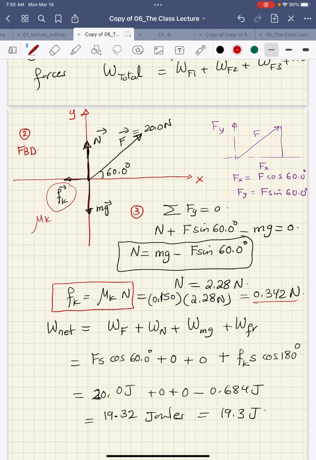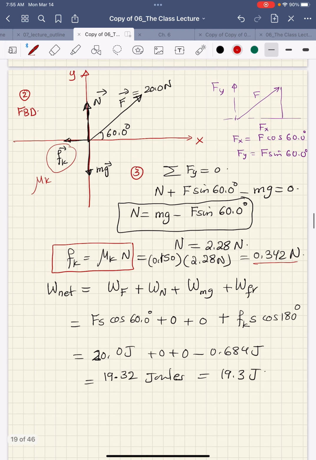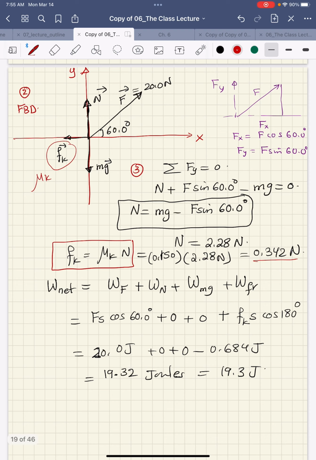Now for the net work, I will say it is the work done by the force, the work done by the normal, the work done by mg, and the work done by friction. For the forward force, it is F S cosine 60, and for the friction, it is Fk times S cosine 180, because the force of friction is opposite to the motion.